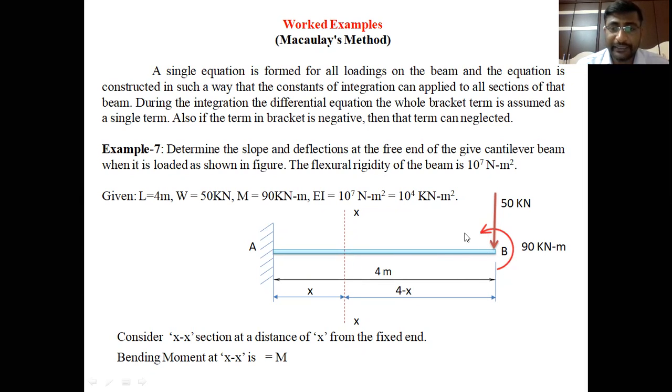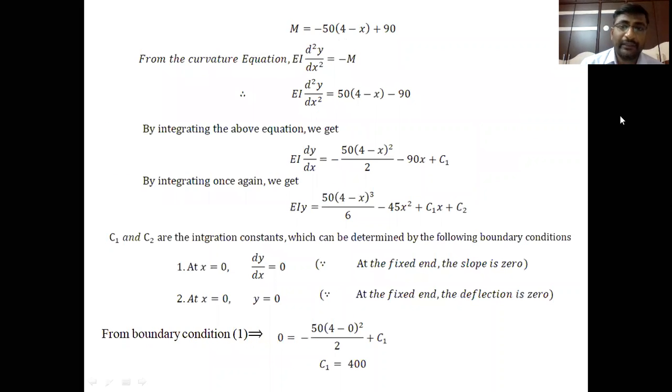So directly we can take the moment at the XX section. If it is anti-clockwise, it is positive. If it is clockwise, negative. Here the moment is in the anti-clockwise direction, so 90 kilonewton meter moment is developed at the XX section. Okay, clear students?